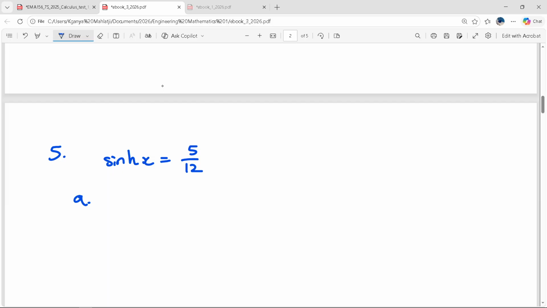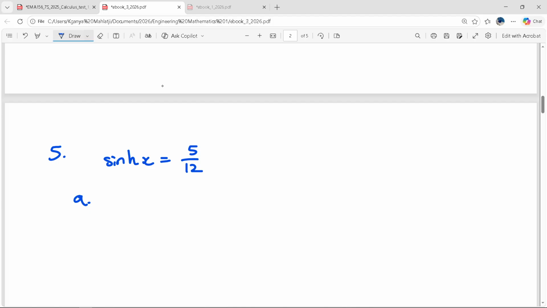Number A, they say we must determine cosh squared x. Instead of just writing it down, I think we should first come up with the identity that we're going to use here.